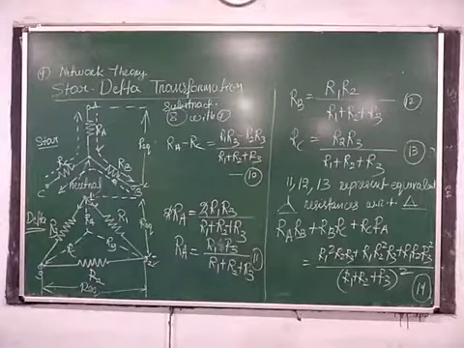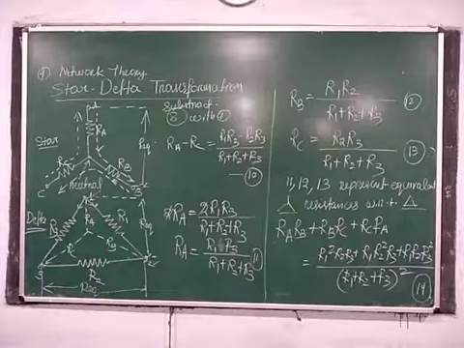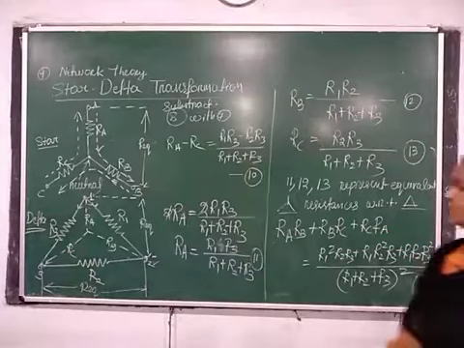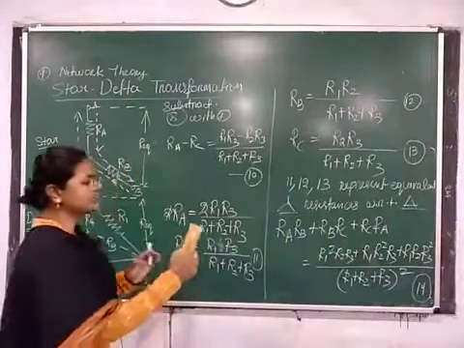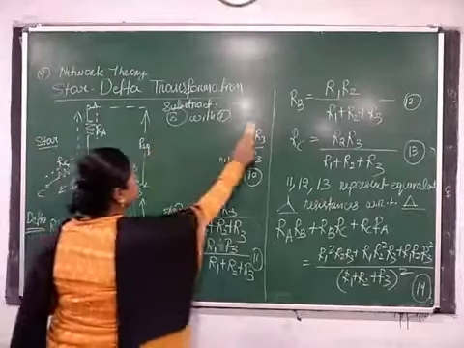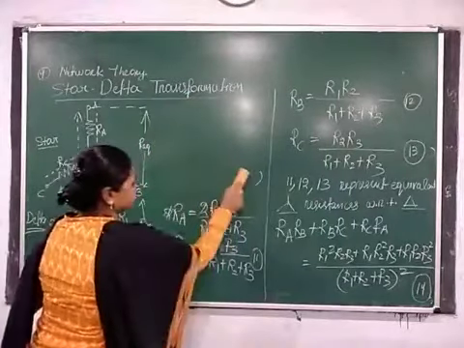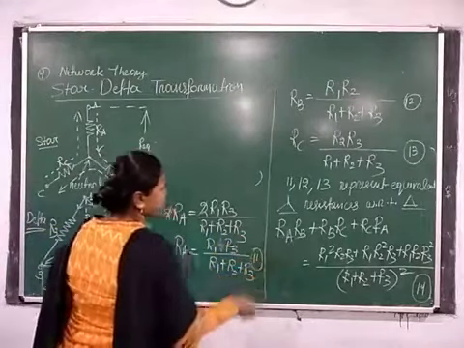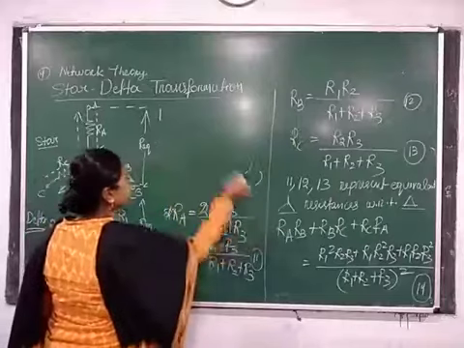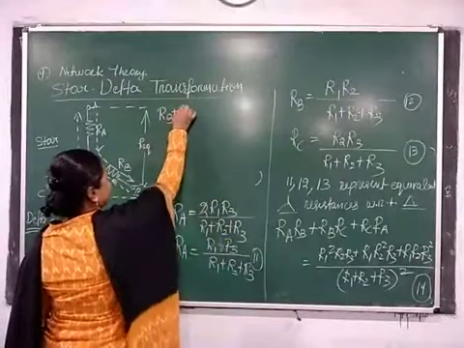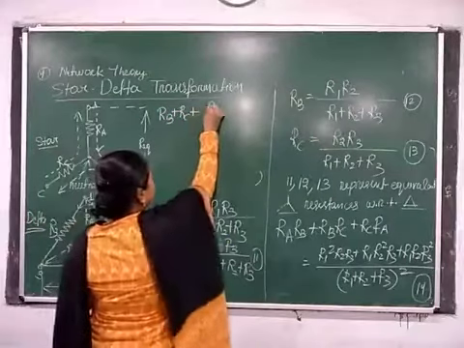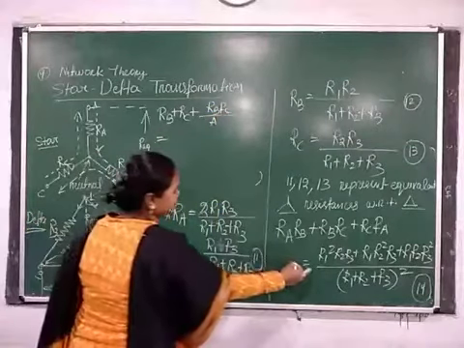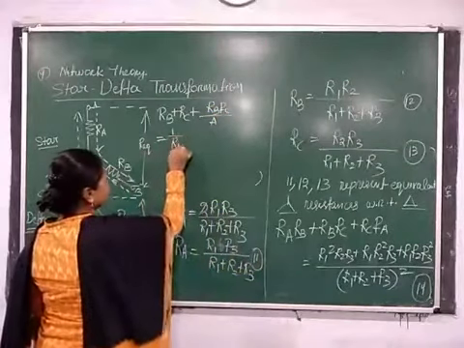Then you divide RA on both sides of equation 14. If you divide RA on both sides of equation 14, the left hand side, the simplified equation, is RB plus RC plus RB into RC divided by RA, and on the right hand side you get 1 by RA.